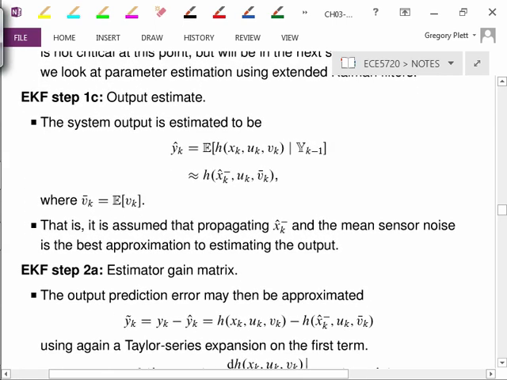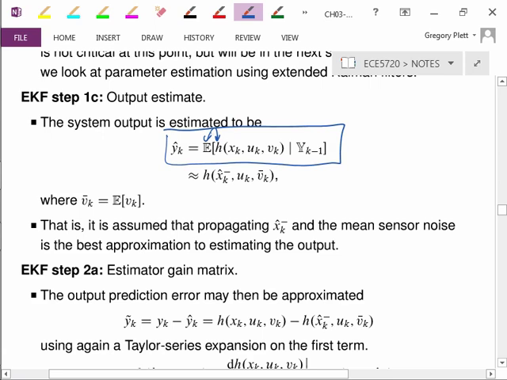So we proceed to step 1c, where we look at the output prediction, really. And the system output, according to the probabilistic inference step, says I want to find the expected value of the output equation. And again, we employ the first assumption where we swap the order of these and say this is approximately equal to the output equation evaluated at the expected state.